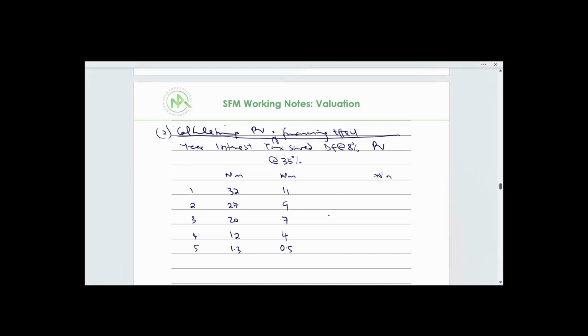Therefore, I need to get the discount factor at 8% for year one. 1.08 raised to power minus 1 equals 0.926. Year two, 1.08 raised to power minus 2 equals 0.857.